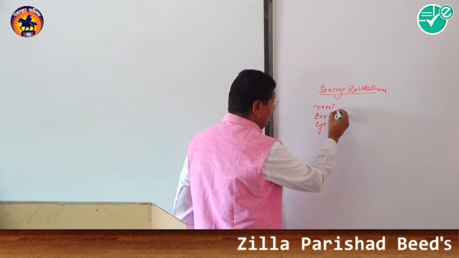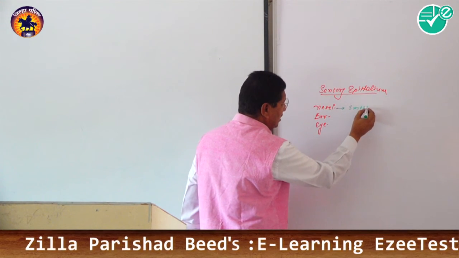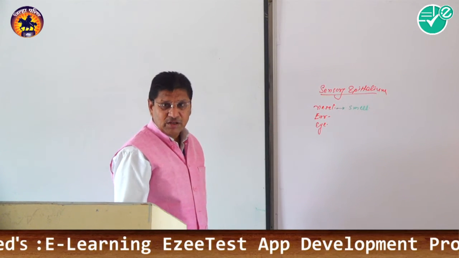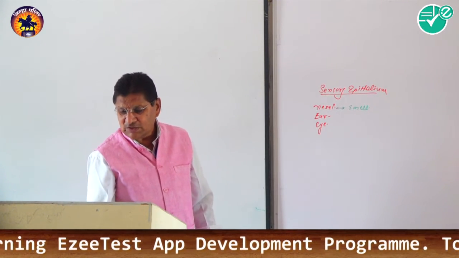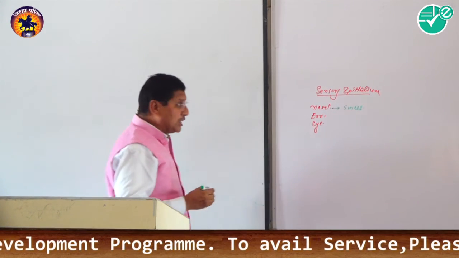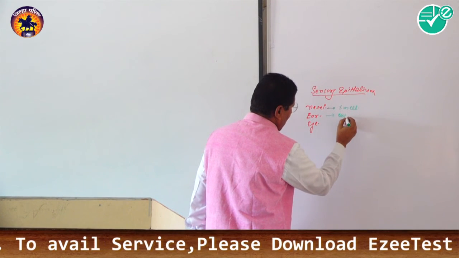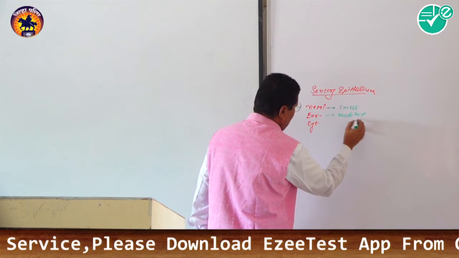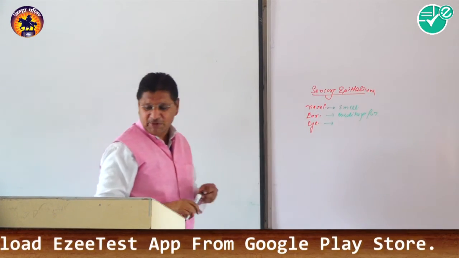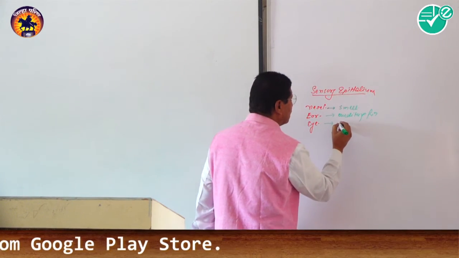The nasal organ is responsible for the sensation of smell. The ear is the sense organ responsible for the auditory functions. And the eye is responsible for the photo function, that is, the sensation of sight.